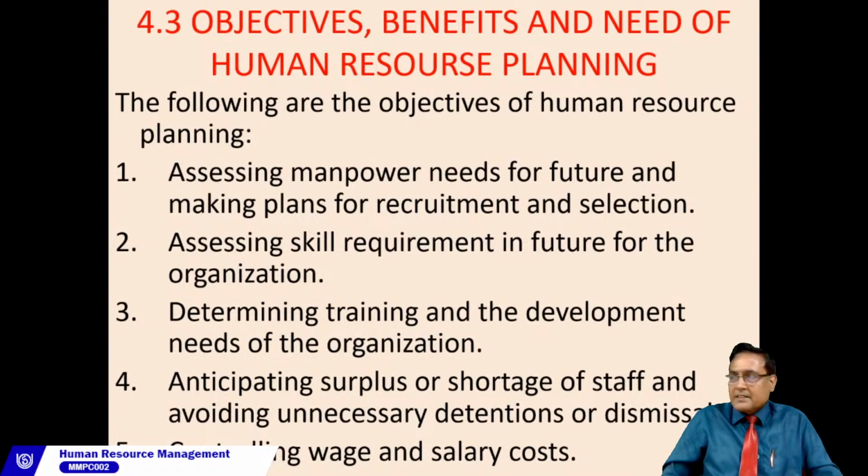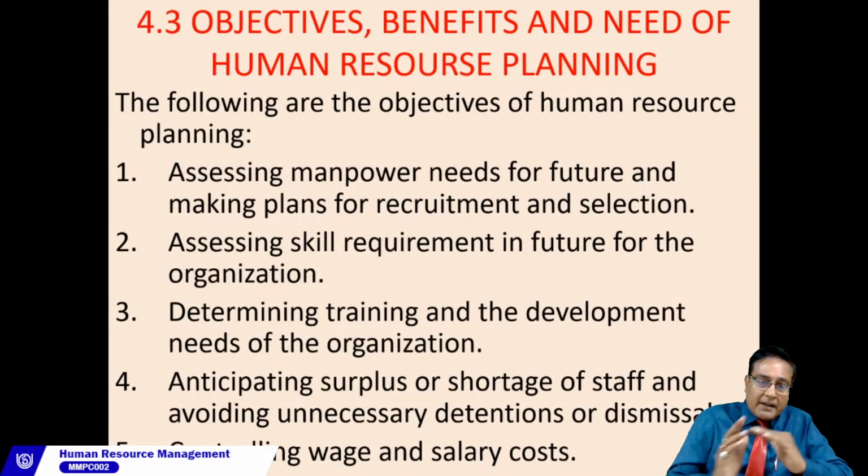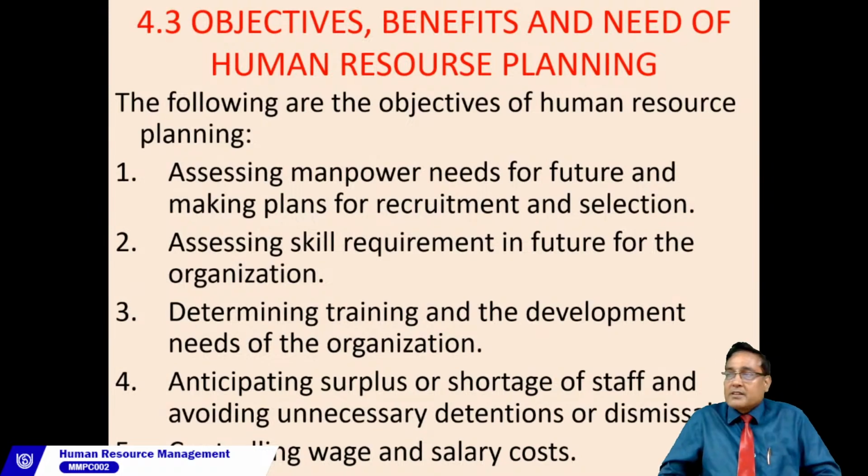Then, assessing the skills required in future for the organization, and determining training and development needs of the organization. So clearly, point number 3 is determining training and development needs for the organization.